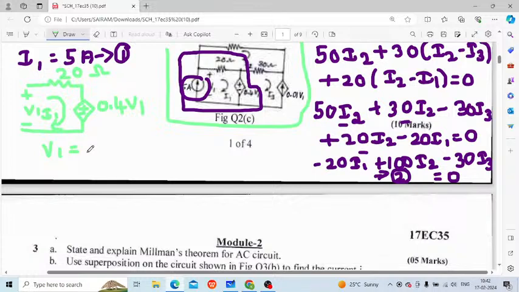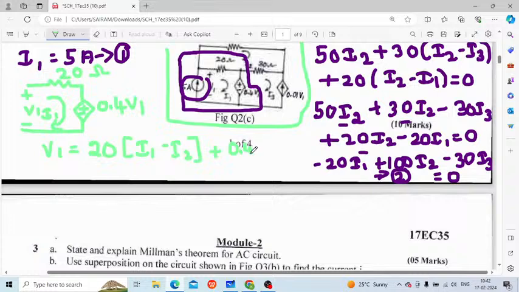So now we are considering the voltage where V1 is equal to. So what is going to happen? You're going to get this one, which one? That is 20 into I1 minus I2 because it's I1 first. And it is plus 0.4 V1.